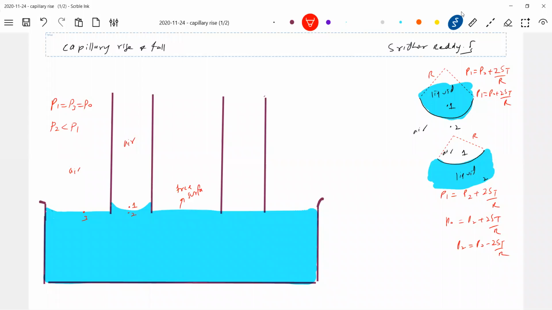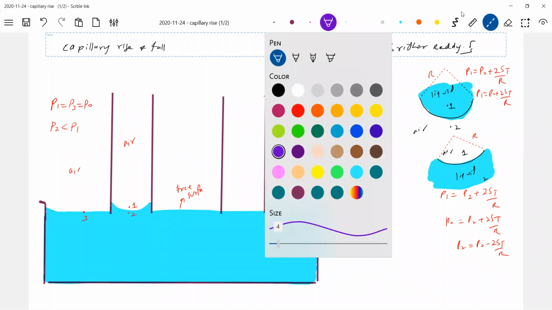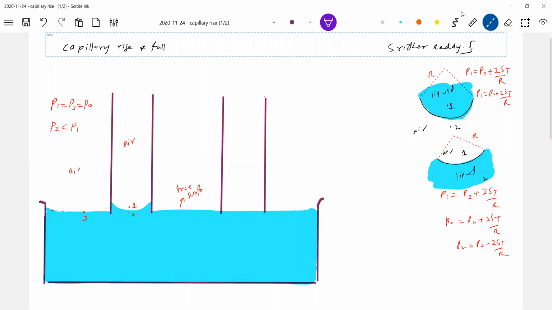You try to see this according to fluid statics. What about 2 and 3? They are on a horizontal line. 2 and 3 are on the same horizontal line. So what should it be according to fluid statics? If you draw a horizontal line inside a liquid, the pressure at 2 and 3 should be equal according to fluid statics.